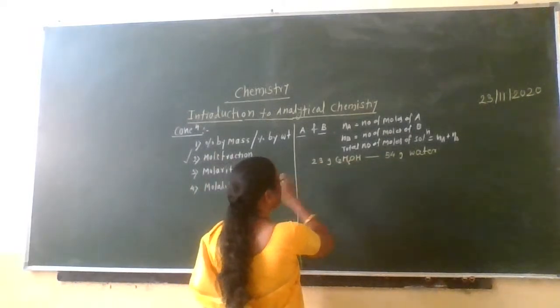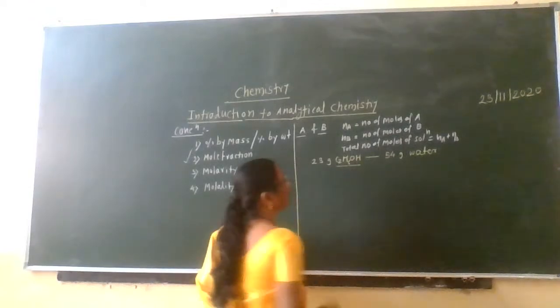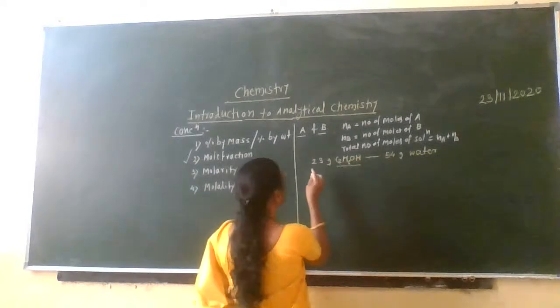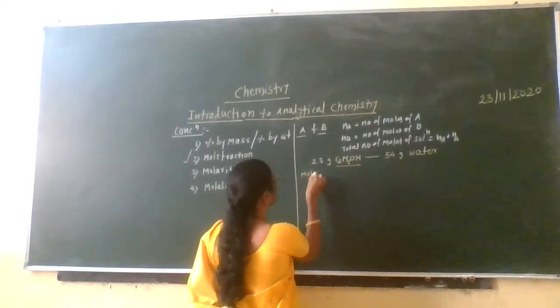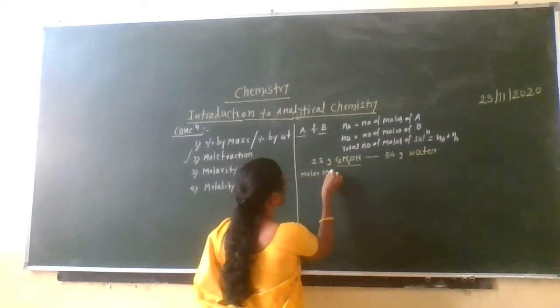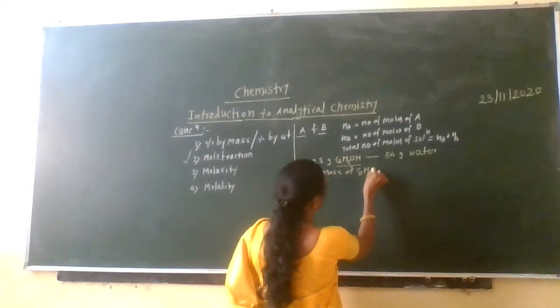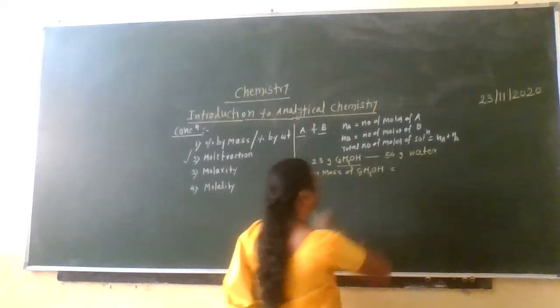Now, first of all, the molar mass of water is known to us. Therefore, only for the molar mass of ethyl alcohol, C2H5OH, we can calculate.